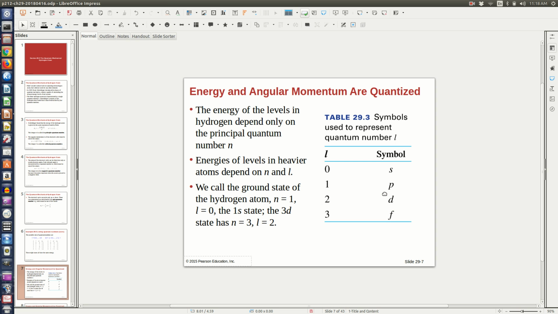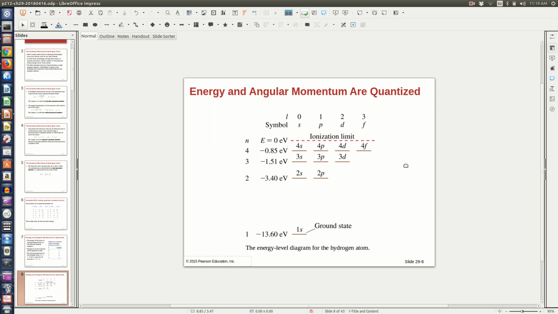So these are the principal labels that we use for the various angular momentum states for an electron. If L equals 0, it's always called an S state. If L is 2, then we always call that a D state. And that has to do with the angular momentum the electron finds itself with.